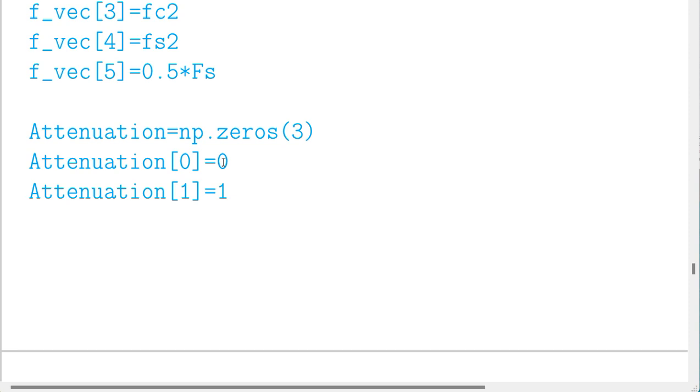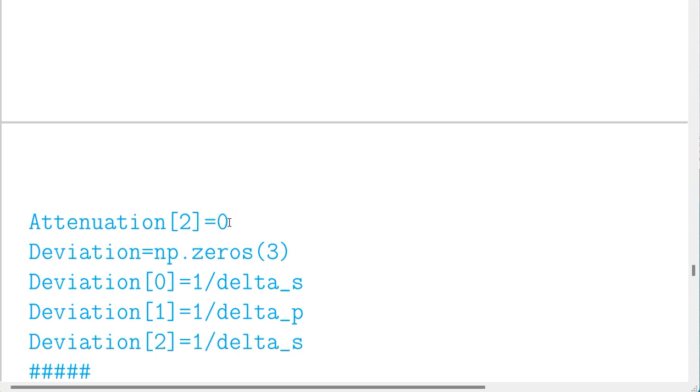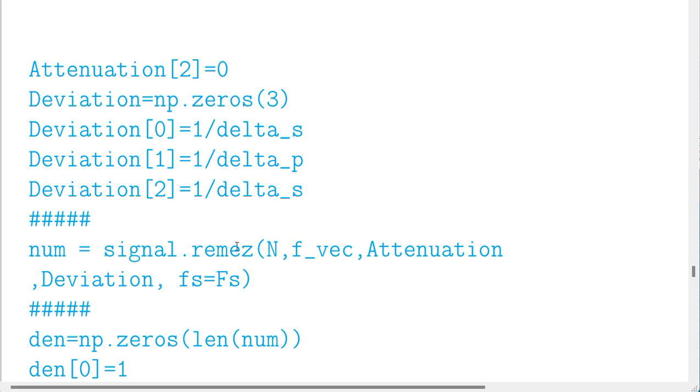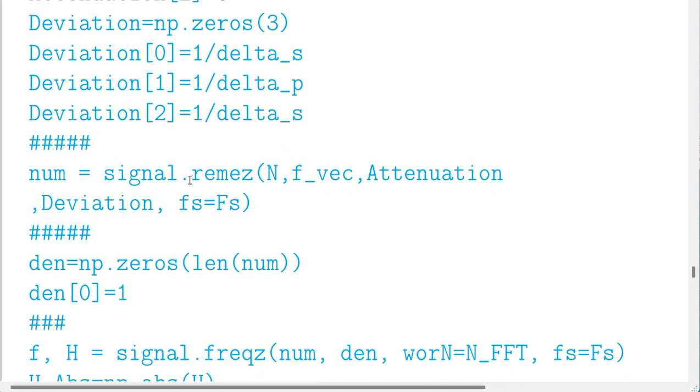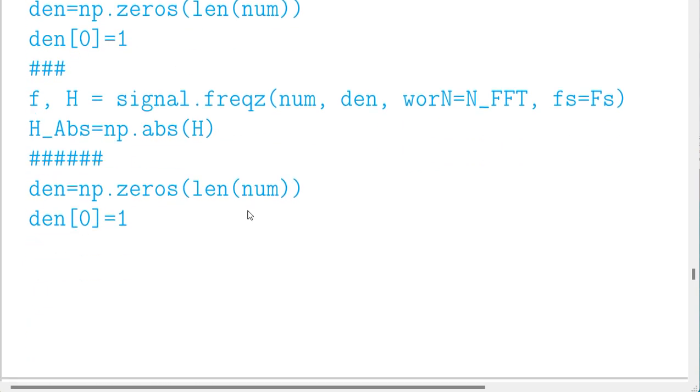Don't pass so 0, let it pass so 1, and the last one, 0. What about deviation? 1 over delta S, 1 over delta P, and 1 over delta S. Okay, but the rest of the coding is similar. Again, using Remez in a similar style.